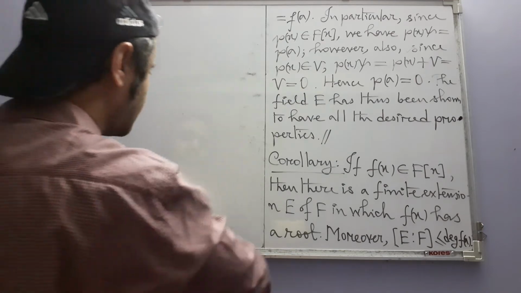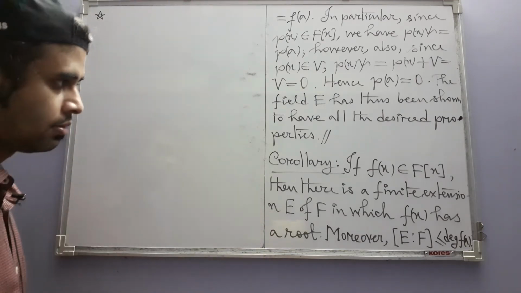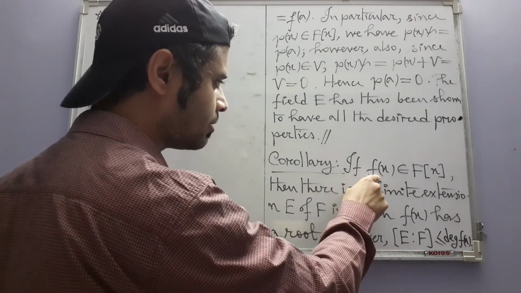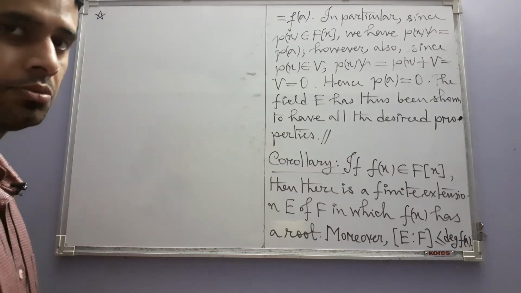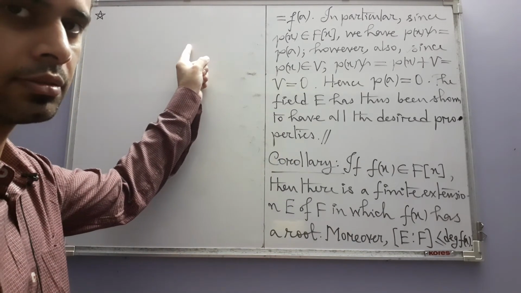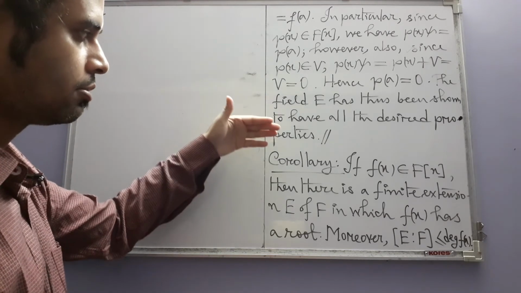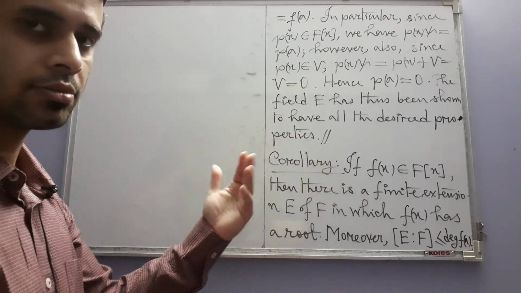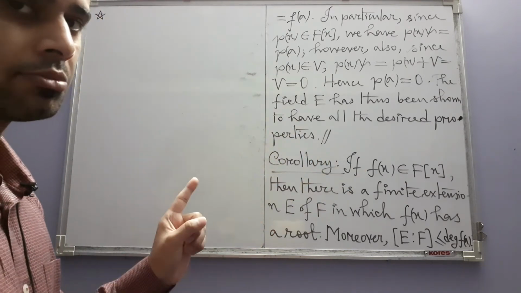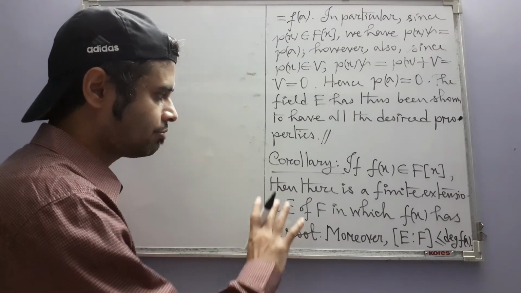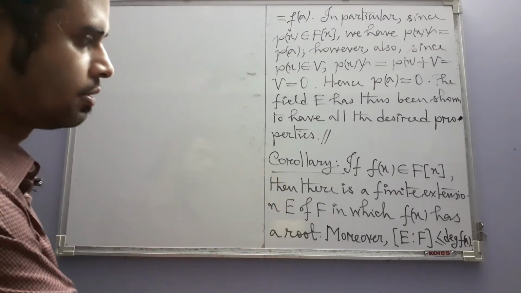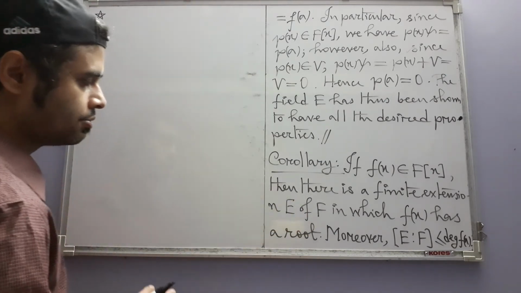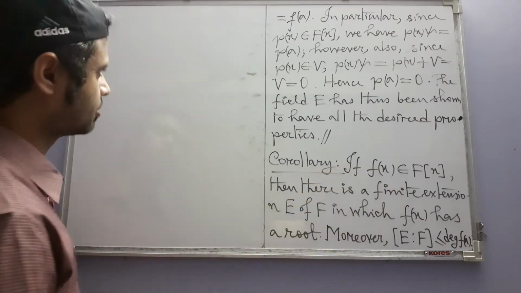And that detail is, you can clearly see, we need to say additionally that the degree of f of x is greater than or equal to 1, like what we had in the theorem. Now you can argue that because it's the corollary to the theorem, it's understood that the degree is greater than or equal to 1, but no, that's not how mathematics works. You have to have a level of formality, otherwise confusion will reign. So we are going to, of course, assume that the degree of f of x is greater than or equal to 1.